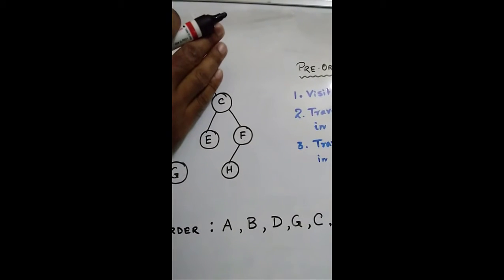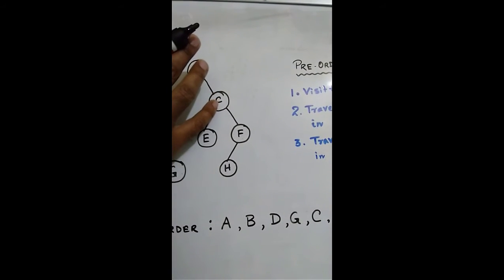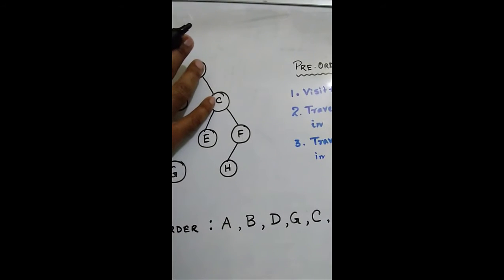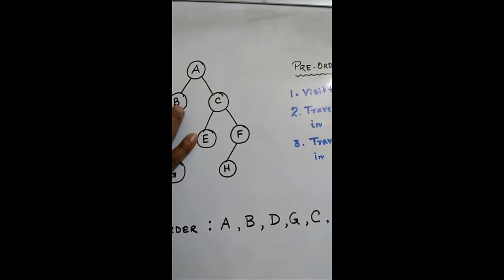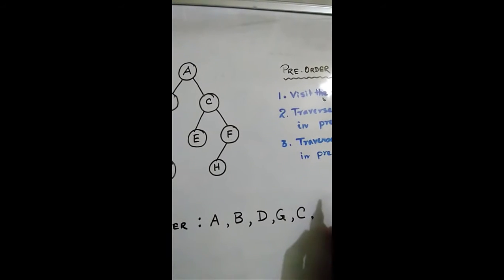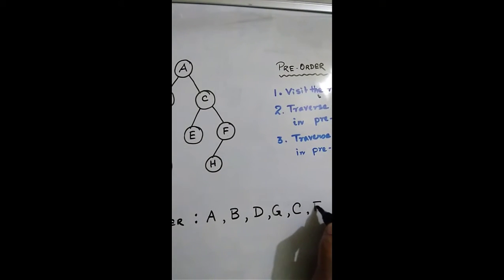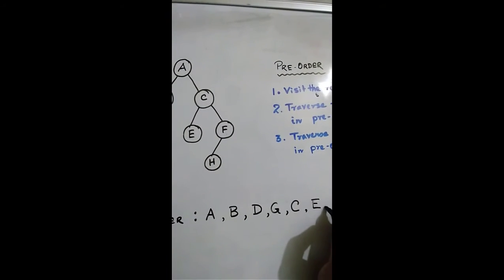So if we are traversing from C, then we will first move to the left subtree E and print the node that we have traversed.